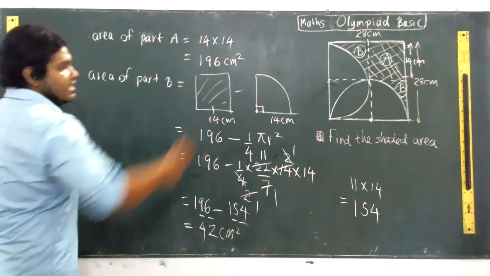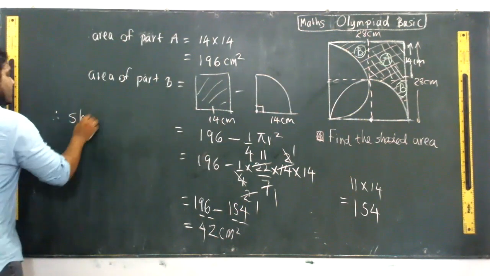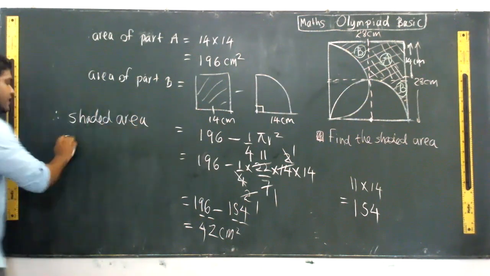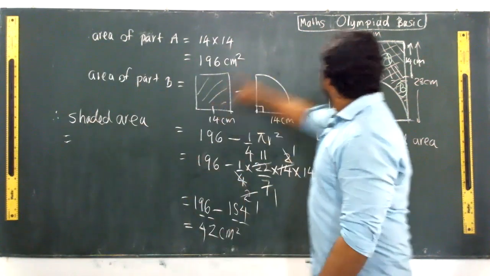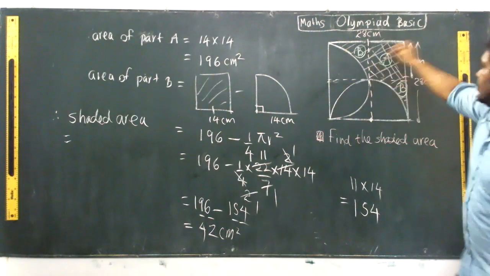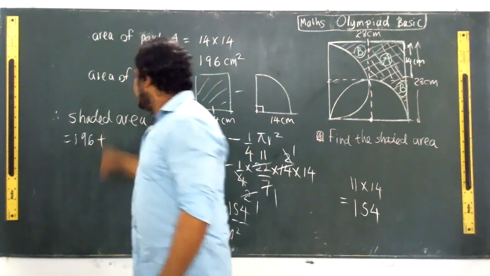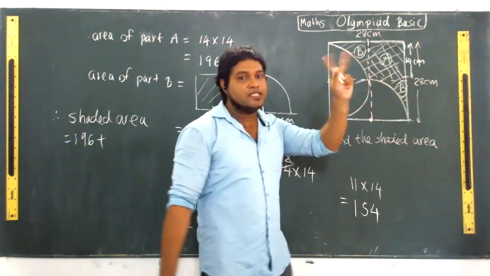Total shaded area. To find this shaded area, now you totally know the area of part A, which is 196, plus the two B parts.